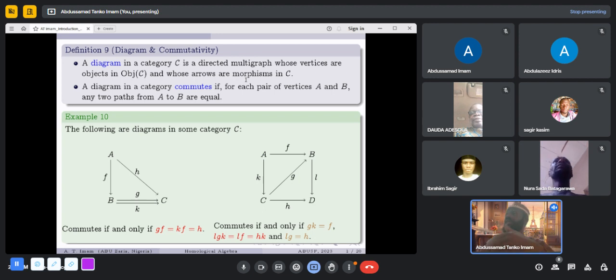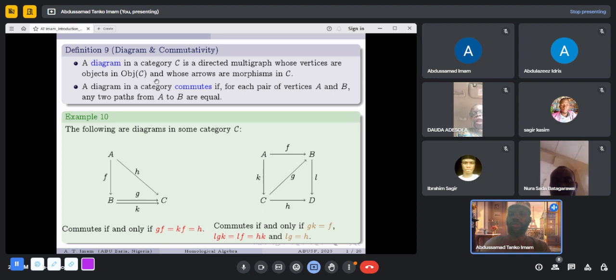If the cardinalities are finite, you can count the number of mappings that exist from A to B. So you have a multigraph, so you can have multiple arrows. So it's a directed multigraph whose vertices are objects in the set of objects of C, and arrows of that graph are morphisms, just like what we have demonstrated.